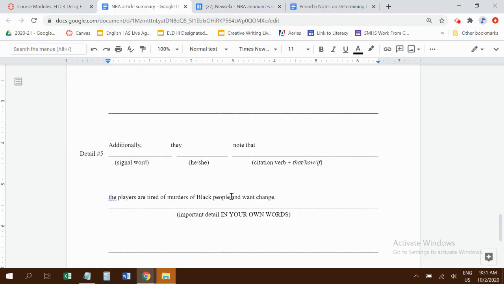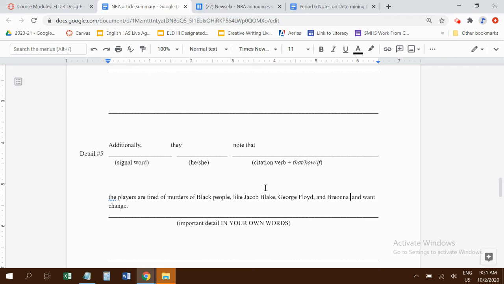If I want to add a bit of detail, I can add which Black people, such as, or like Jacob Blake, George Floyd, and Breonna Taylor.